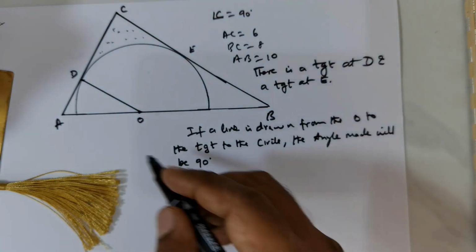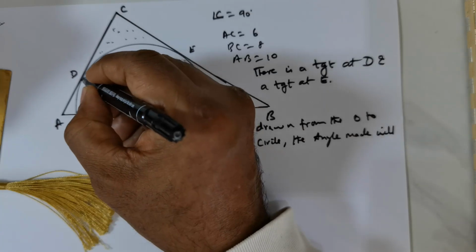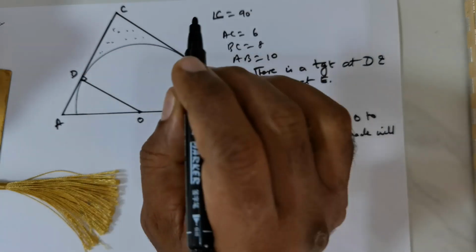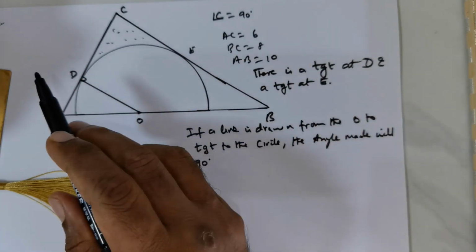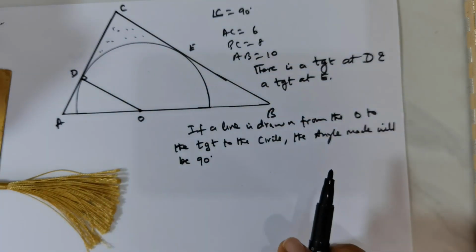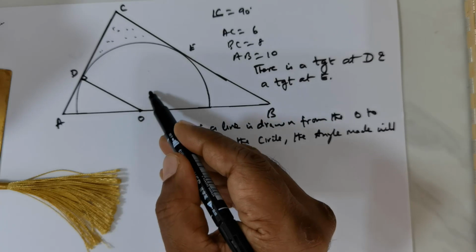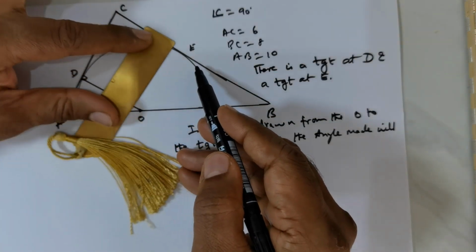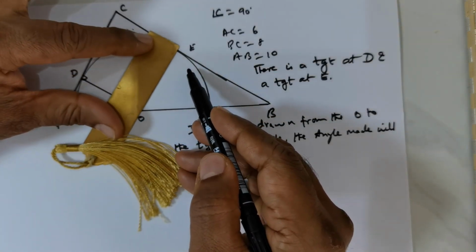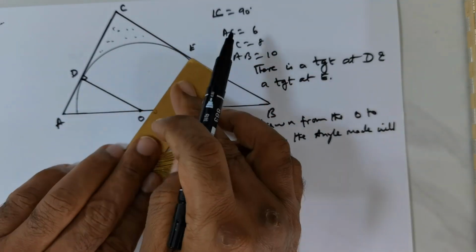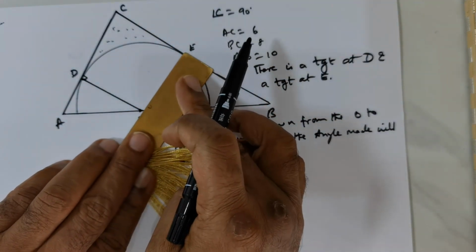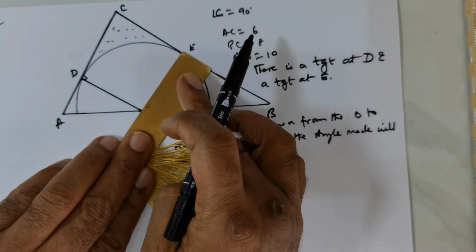Okay, so as I mentioned to you, a line is drawn from O to D, so by theorem, this is going to be making 90 degrees, so that is 90 degree there. Now I can repeat the same thing, a line being drawn from the center O to the tangent, right?